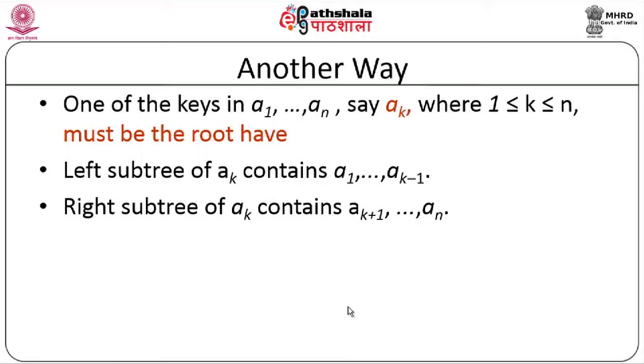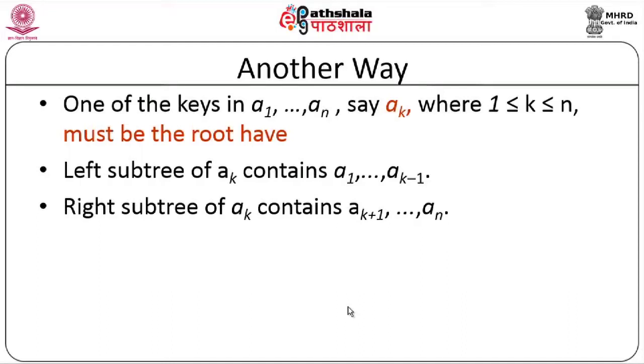So, we can take an arbitrary element a k, and we can construct the left subtree, so that the left subtree of a k consists of elements a 1, a 2 up to a k minus 1.